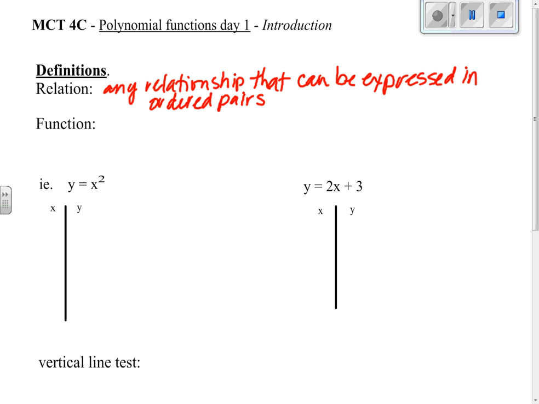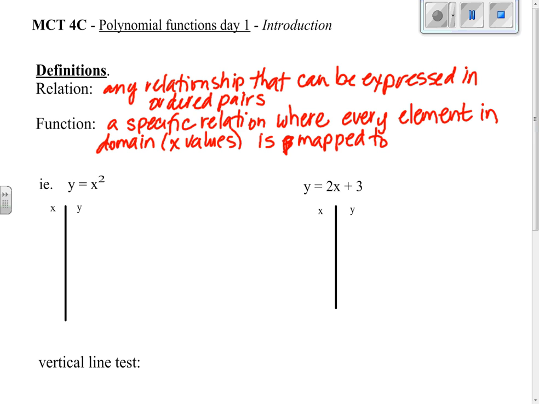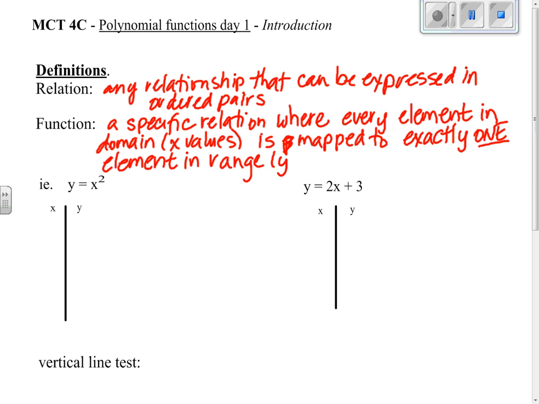A function is a specific relation where every element in the domain, or our x values, is mapped to exactly one element in the range, or the y values.